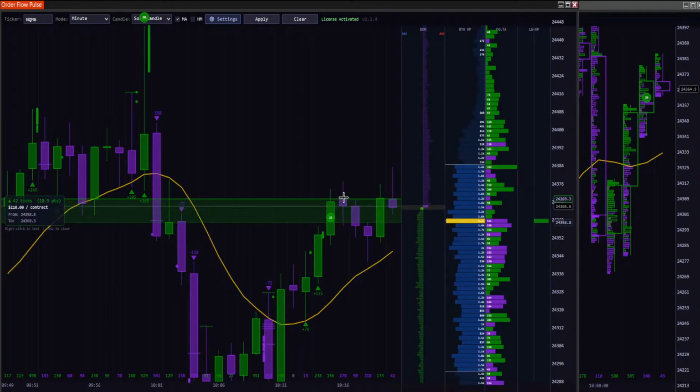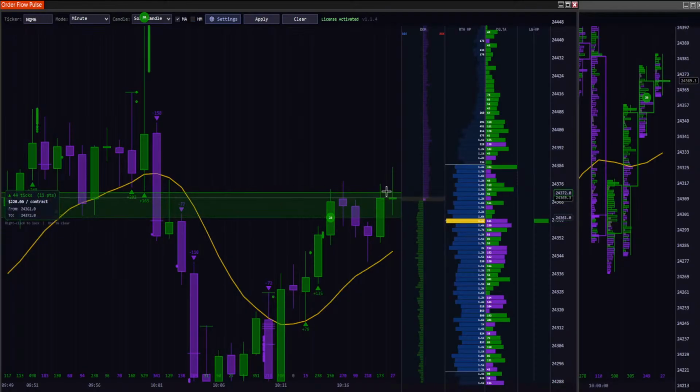See, right here, take about 10 points. Right here, start coming up, showing back up, take another 10 points. That's 20. I mean, on a mini, that's $400. This is what scalping is like.